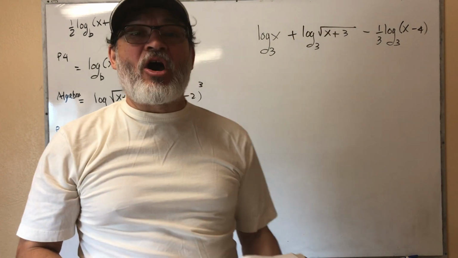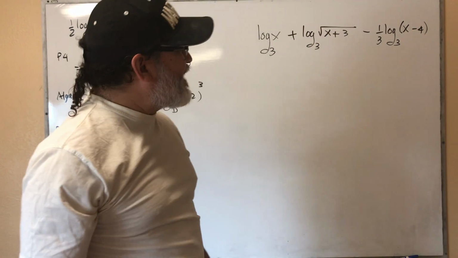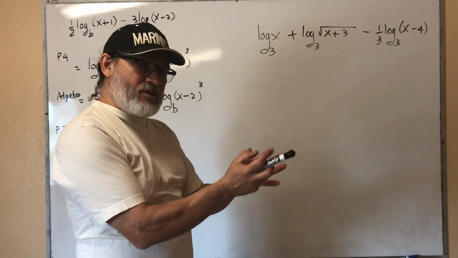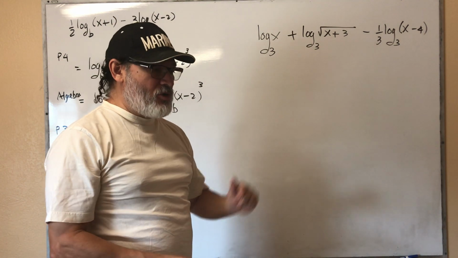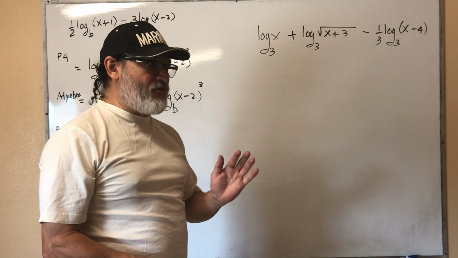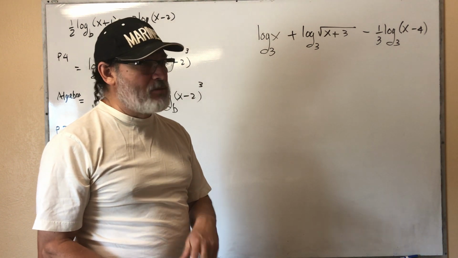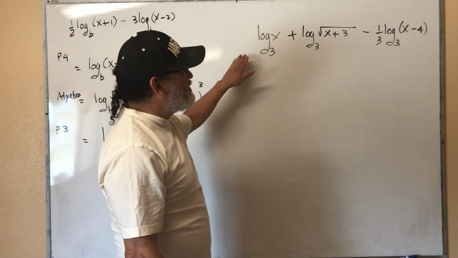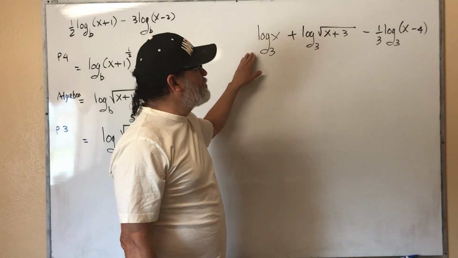So here we have 3 logarithms. Let's make this into a single logarithm. This is important. You have to know how to do this if you're going to solve equations later.